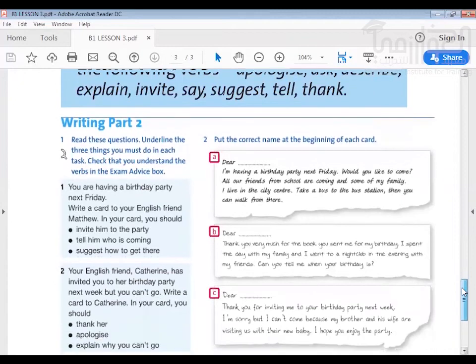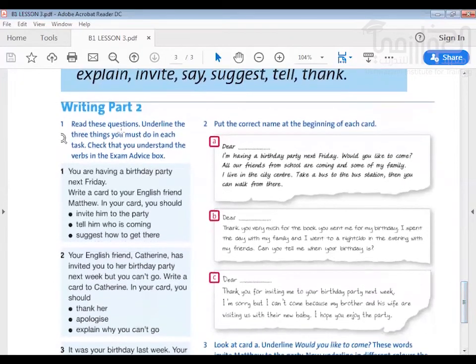Now let's look at what we have here. Read these questions. Underline 3 things you must do in each task. Check that you understand the verbs in the advice box. We've seen the advice box already. So we have to underline 3 things. Now, what are the 3 things the person must do in each task? This is the task. You are having a birthday party next Friday.